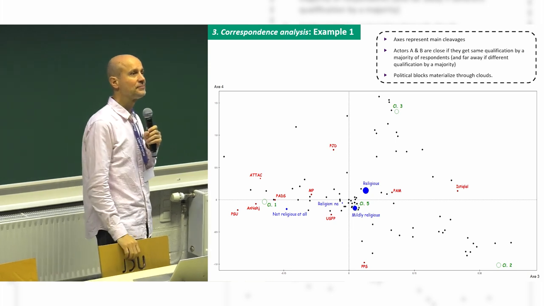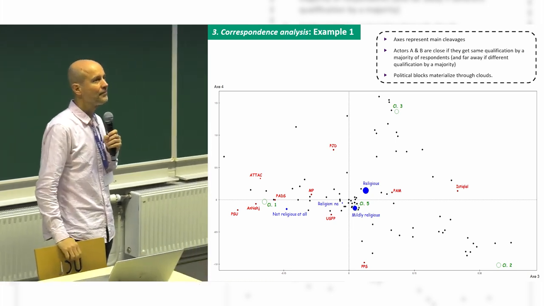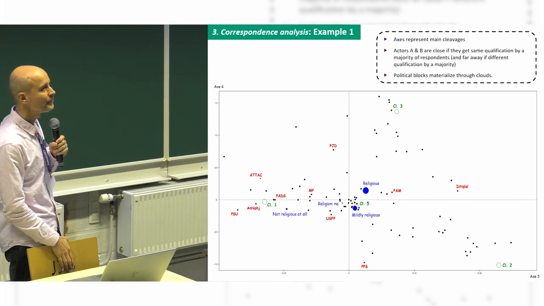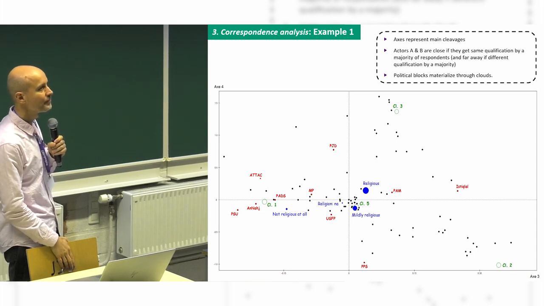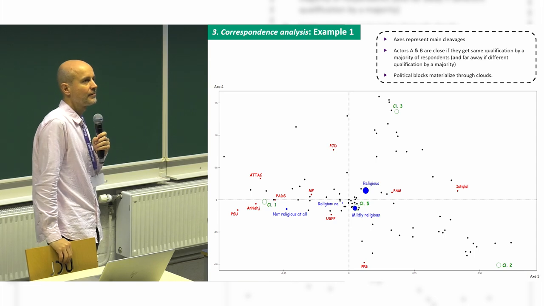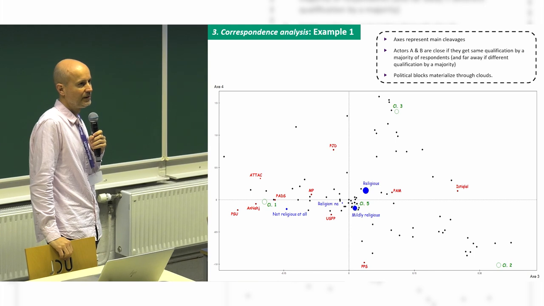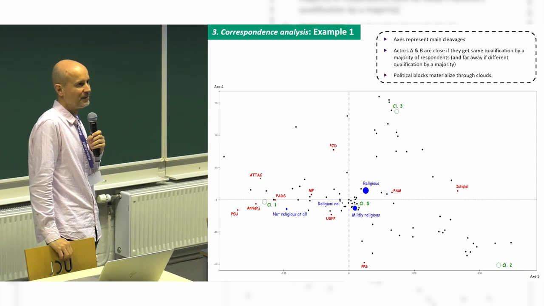Yes? Thank you. Let me just play devil's advocate here. What's the benefit of this method compared to exponential random graph models? Because if we were to view this as network data, we could run an exponential random graph model, and it would be much more straightforward to interpret. I don't know.